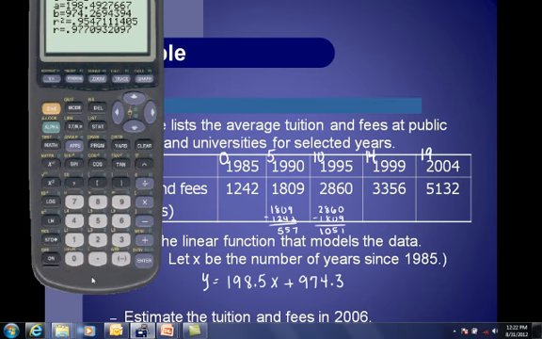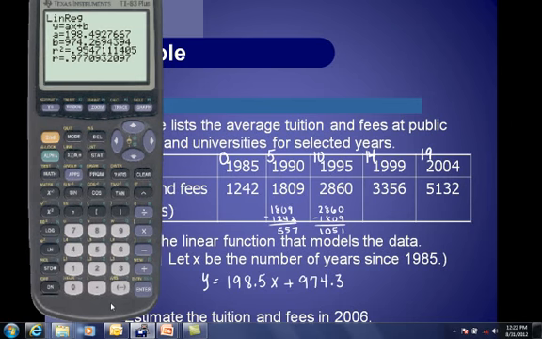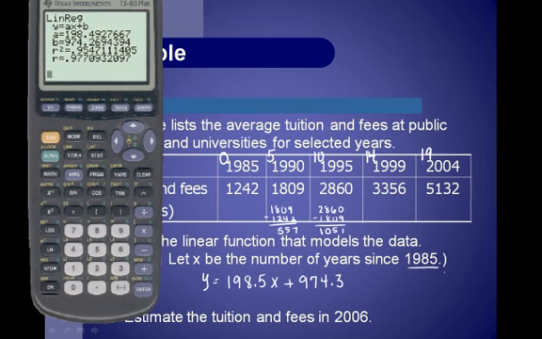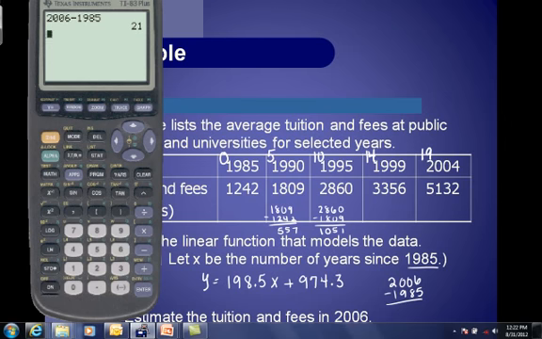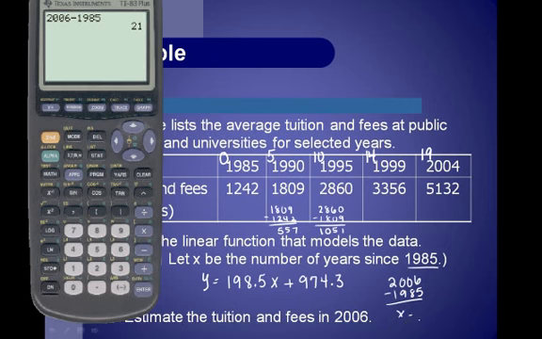Then the next question says, estimate the tuition and fees in the year 2006. Remember, it's all based on the number of years since 1985. So 2006 minus 1985 gives us 21. We're going to go into our equation and plug in an x value of 21.